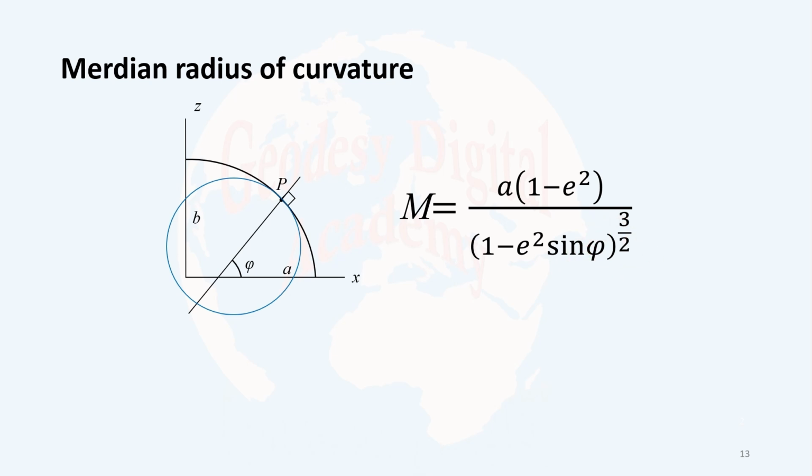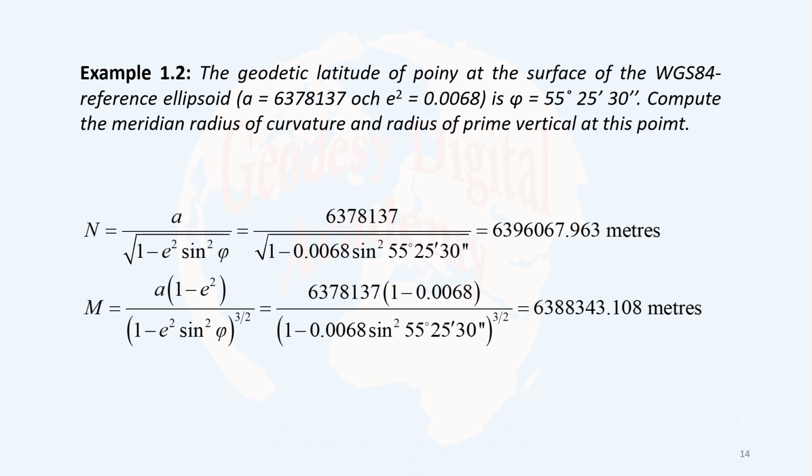Now it's time to see an example of how these two, the radius of prime vertical and the meridian radius of curvature, are computed. Consider the WGS 84 reference ellipsoid with these parameters and a geodetic latitude of 55 degrees, 25 minutes, 30 seconds.